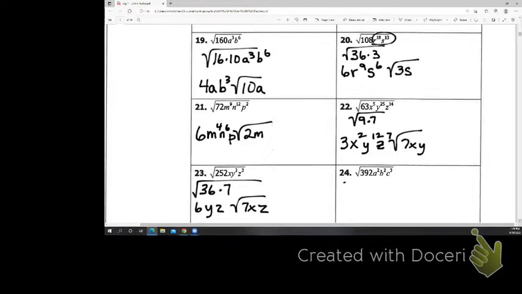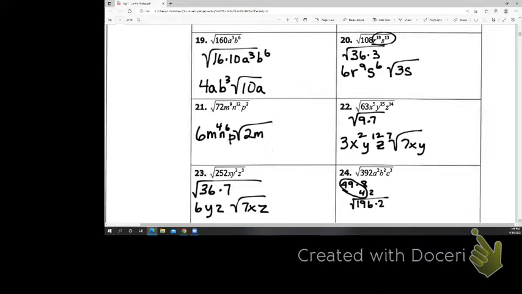If I know that it's 49 times 8, break down 8 to 4 and 2, then put the 49 and the 4 together, so 196, which is actually 14 when you take the square root. So 196 times 2 is 392. So I just rearranged the factors.